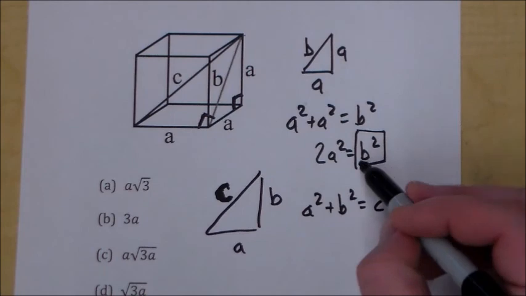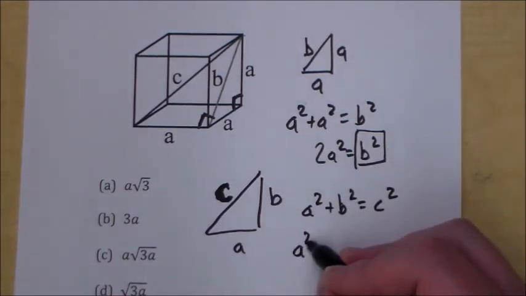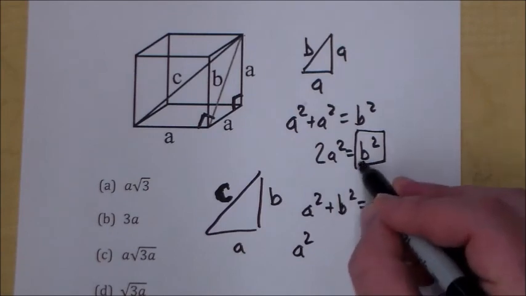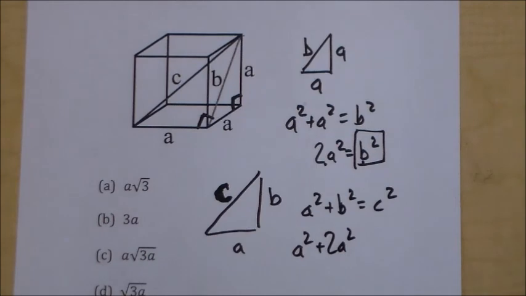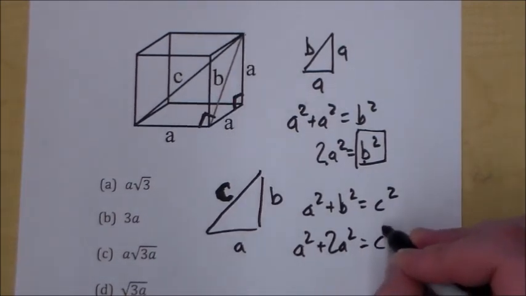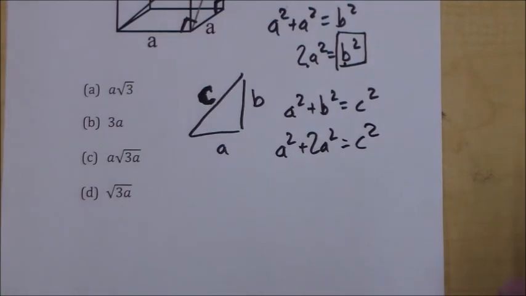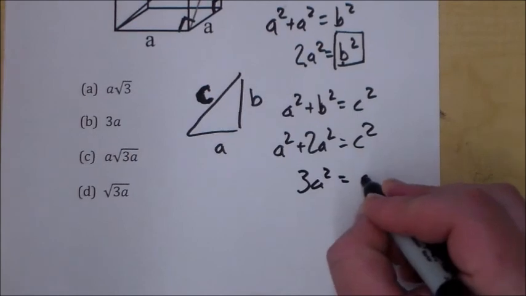Now watch this. This B squared is like that B squared. So if I know A squared's here, and I know this B squared's there, but B squared I know equals 2A squared, I can just swap it out there. Save myself a couple seconds. That's cool. A squared plus 2A squared equals C squared. That's 3A squared equals C squared.